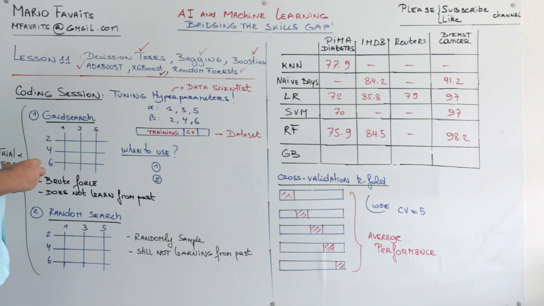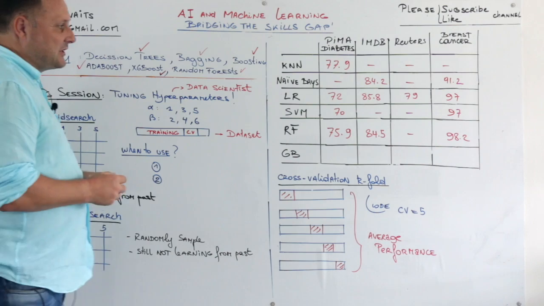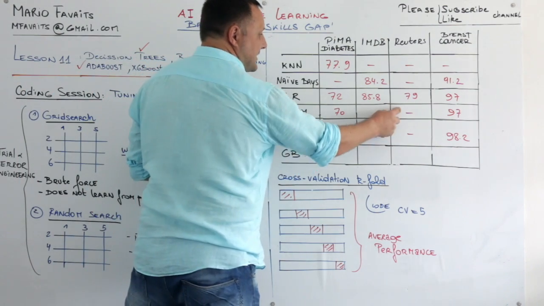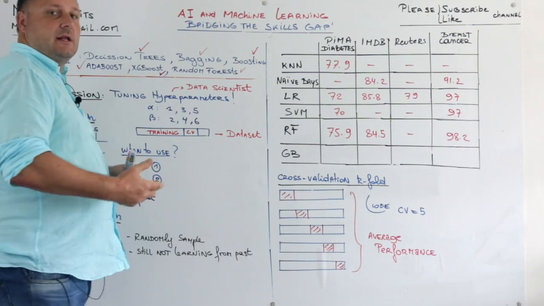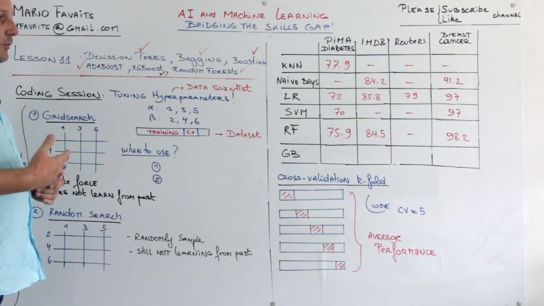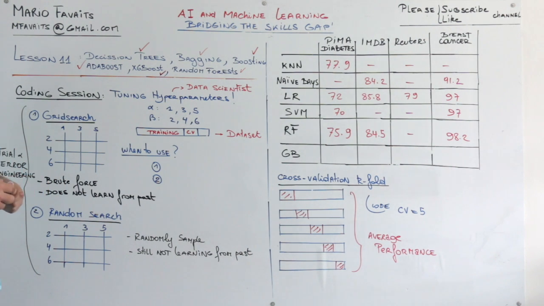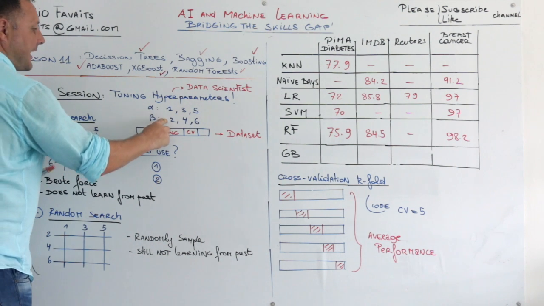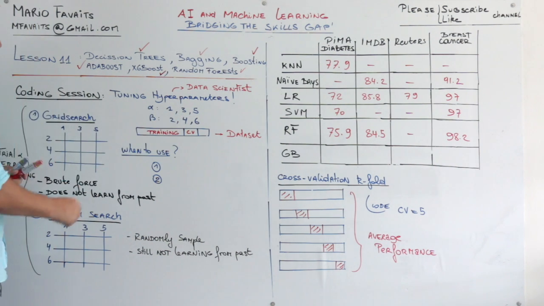Okay, now let's take a look at grid search. Grid search we tried to use here, and it didn't really work. I mean, it probably worked, but I had to wait forever. So what is grid search? Well, basically you're going to try out all the possible combinations of these two hyperparameters.